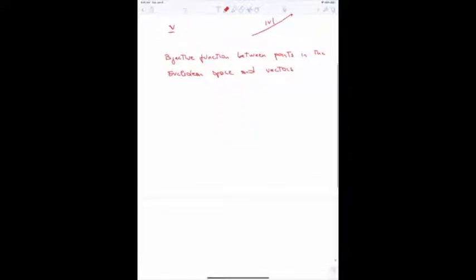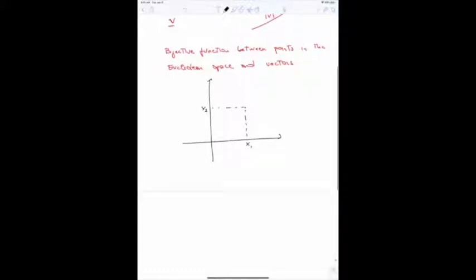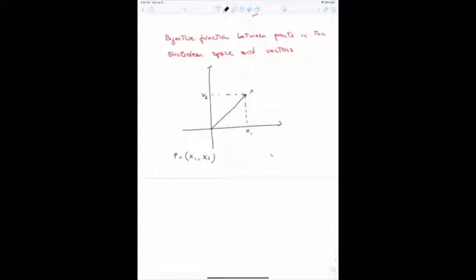So typically, if you have the Cartesian plane and you take a point here, this one here has coordinates x and y, or let's say x1 and x2. Then this point P is determined by the coordinates x1 and x2. But we can also see it as a vector that starts in the origin and ends in the point P. So the vector V is the segment OP vector.